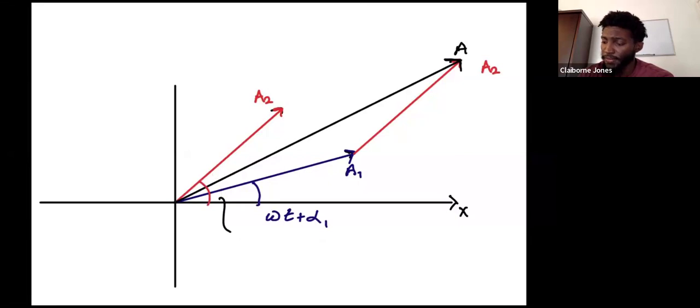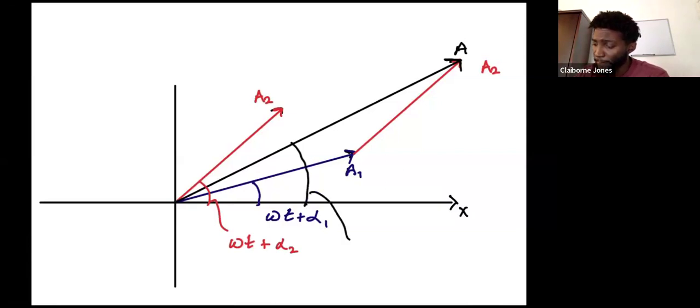But that angle there is my omega t plus alpha 2. And lastly, what is this angle that A is making with the x-axis? This angle is going to be some omega t plus alpha. All right. Hopefully that's clear.